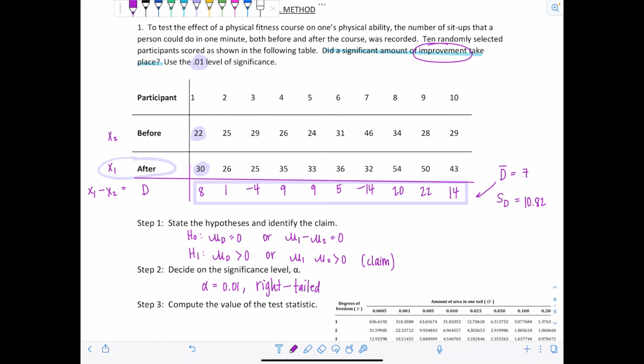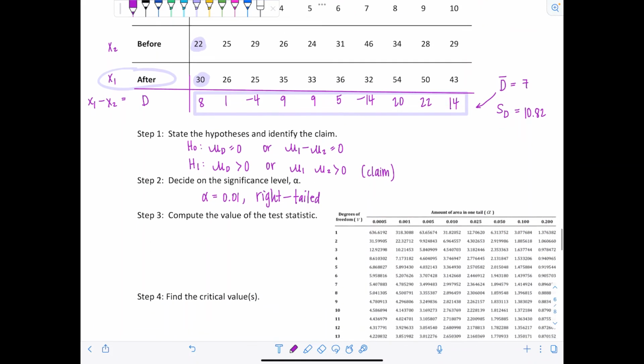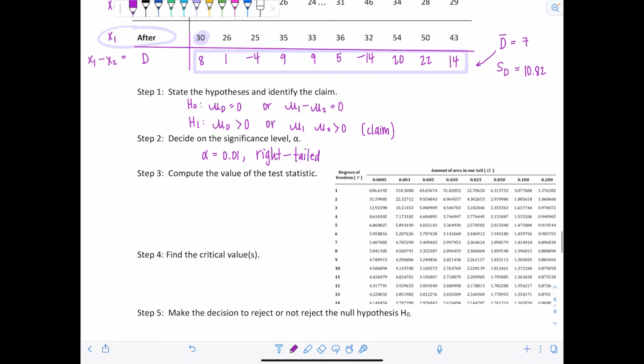Okay. Now we're going to compute the value of the test statistic. So I'll write the formula again here. T equals D bar minus mu sub D over S sub D over rad n. And then D bar we have right there.